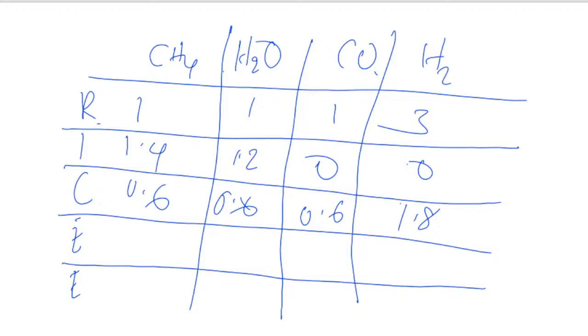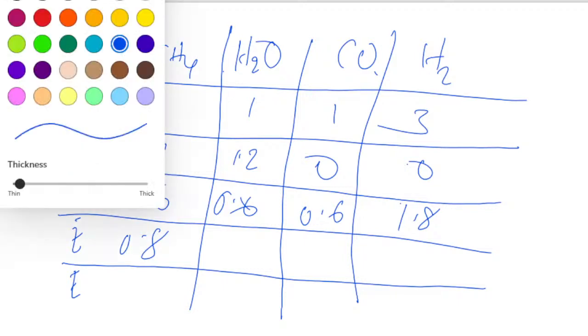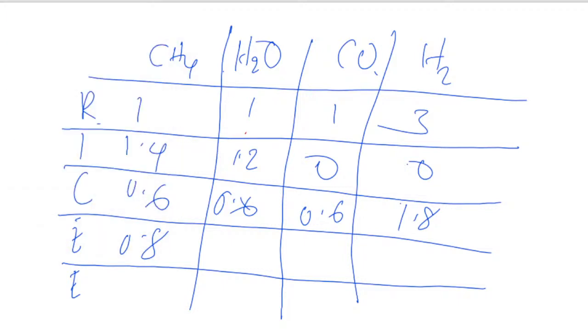Then when you subtract to get what remains at equilibrium, it is going to be 1.4 minus 0.6, which gives me 0.8. And here, when I subtract, it'll be 0.6. And this one is the same at equilibrium, and 1.8.